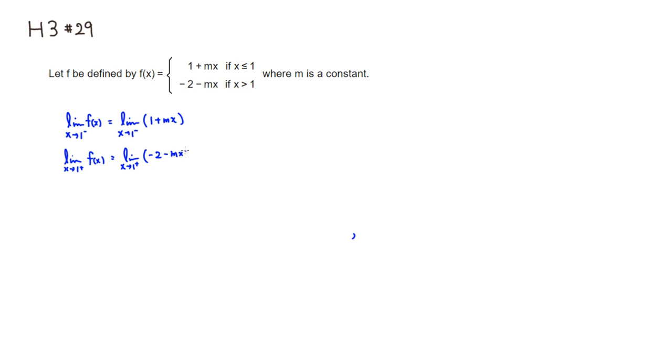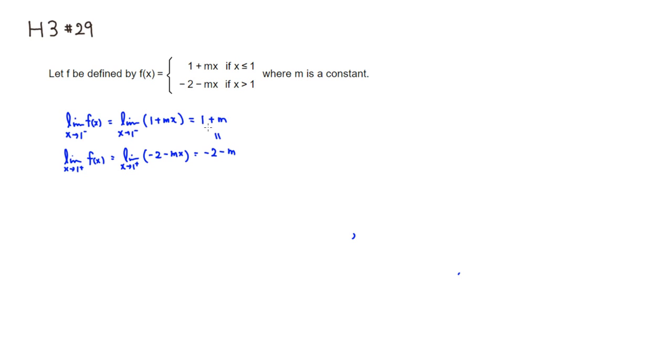For the top one, since x is approaching 1, it's simply 1 plus m times 1, so it's 1 plus m. And here, x is approaching 1, so you get negative 2 minus m times 1, which is just negative 2 minus m. Then we want to make sure that these are equal to each other.